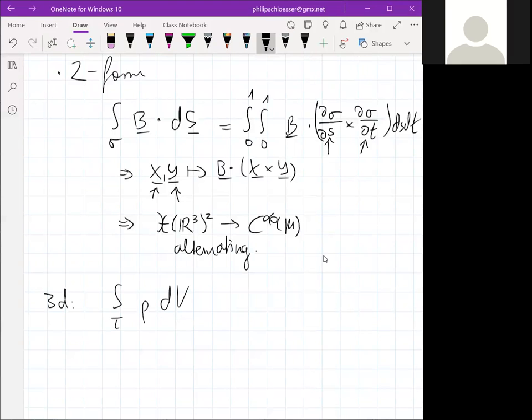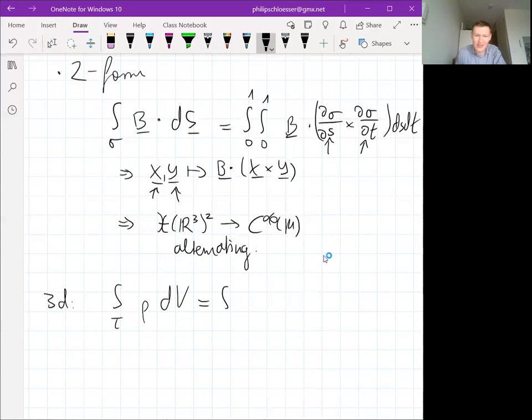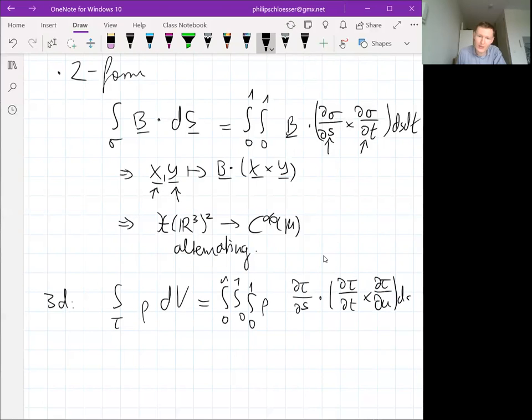And lastly, if we're integrating some density over some volume parameterized by tau, where again tau is a map from some cube to our manifold, then yeah, we can write it as a triple integral, where we now have the triple product, or put differently, just the determinant of the Jacobian, ds dt du.